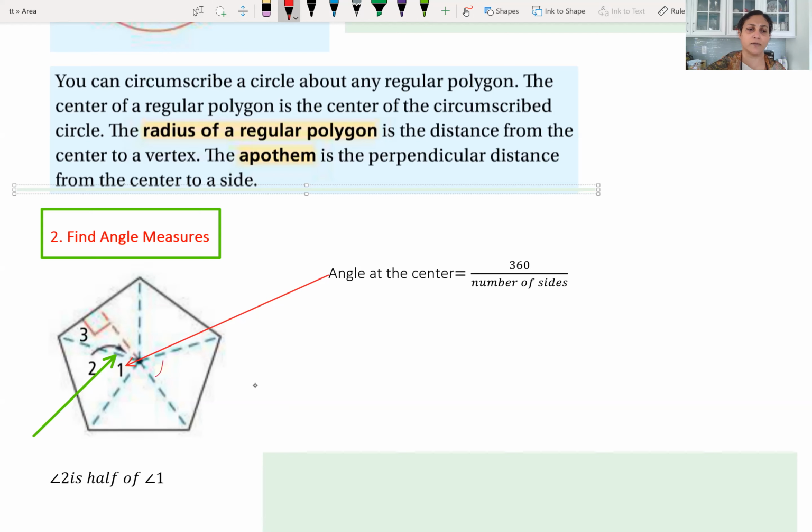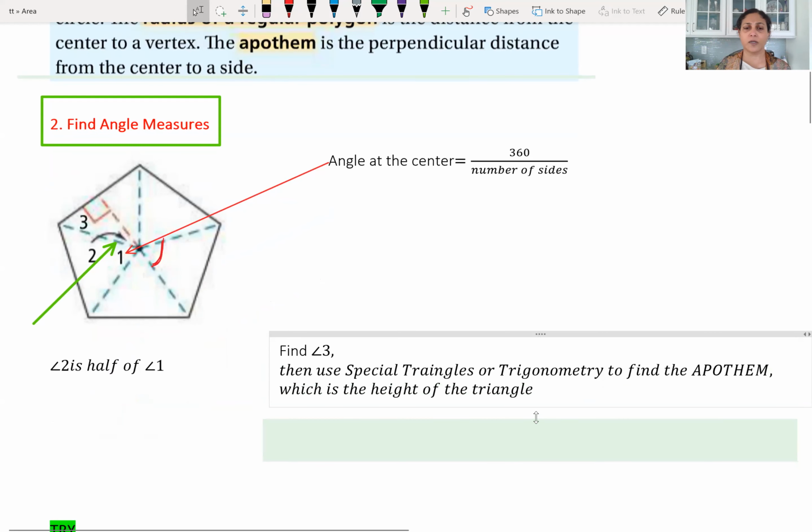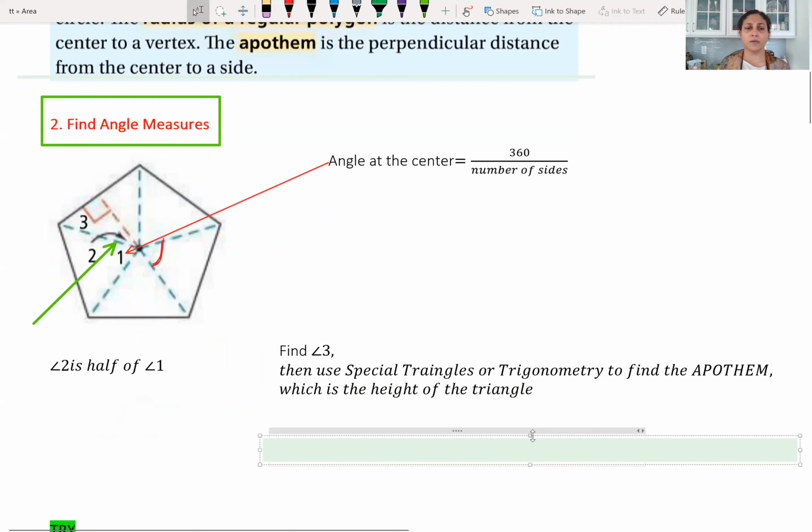But angle 2, which is part of the smaller triangle, is only half of angle 1. And angle 3 is the complement of angle 2. So once you know angle 1, which is at the center, you halve it and you get angle 2.